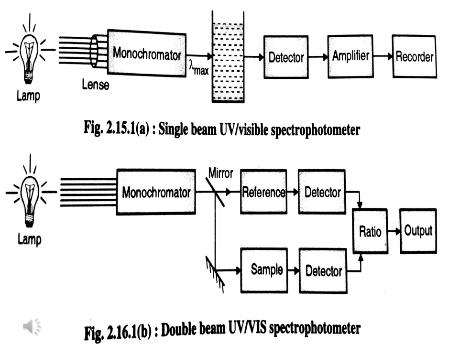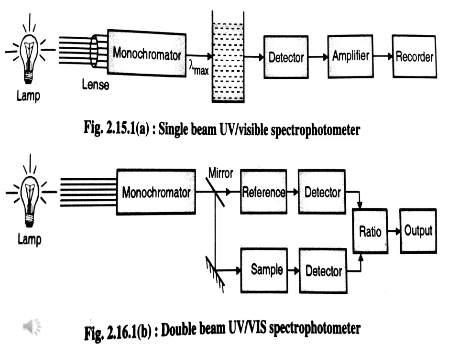Now the next part is the working of the UV visible spectrophotometer. We have two types of UV visible spectrophotometer: single beam and double beam. First of all, I'll explain the single beam UV visible spectrophotometer. In single beam, first we take the light source, a lamp, through which the light passes, and as you can see, it is not monochromatic light, so it is first passed through the monochromator to get the monochromatic light.